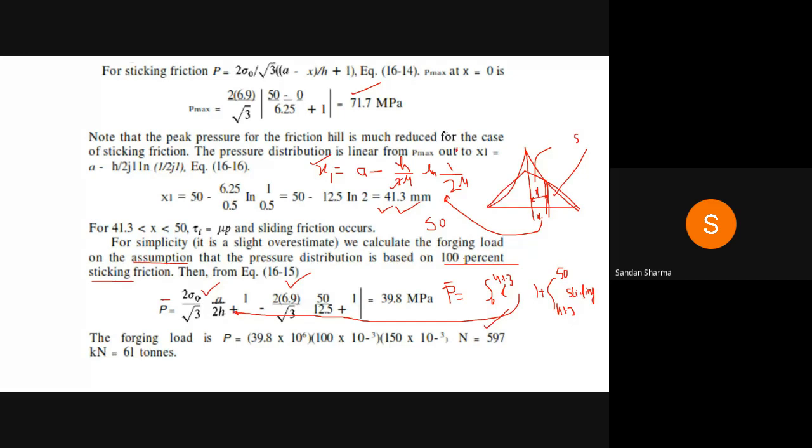If you are not going to assume that 100% deformation is under sticking friction condition, then from 0 to 41.3, it is sticking friction condition dominating. So you have to integrate this equation from 0 to 41.3, and then integrate from 41.3 to 50 using the sliding friction condition equation.